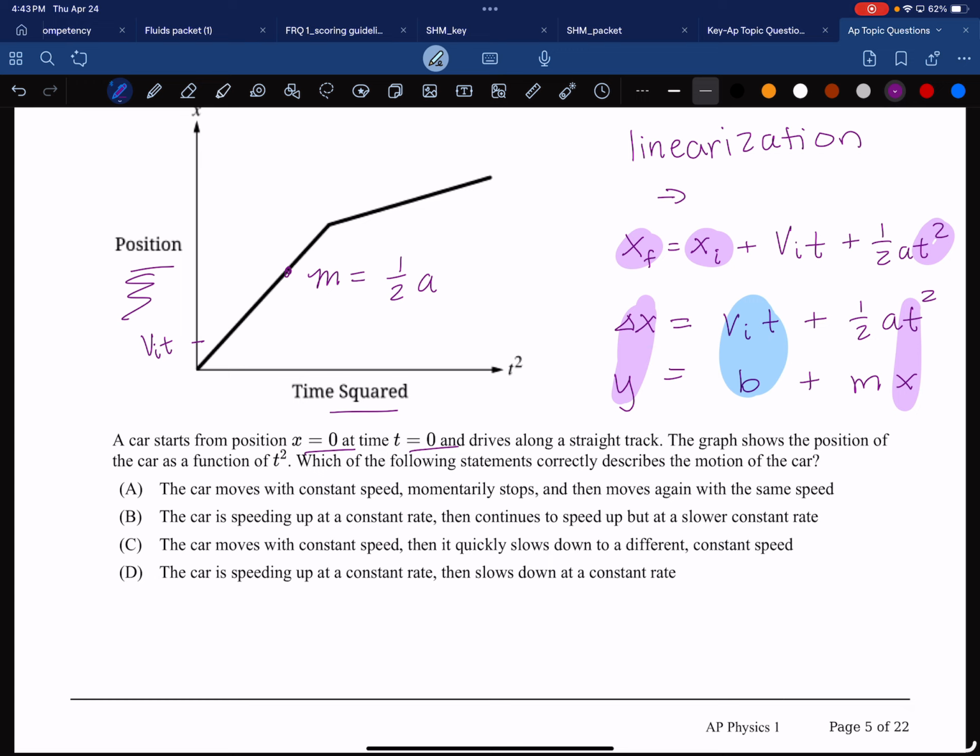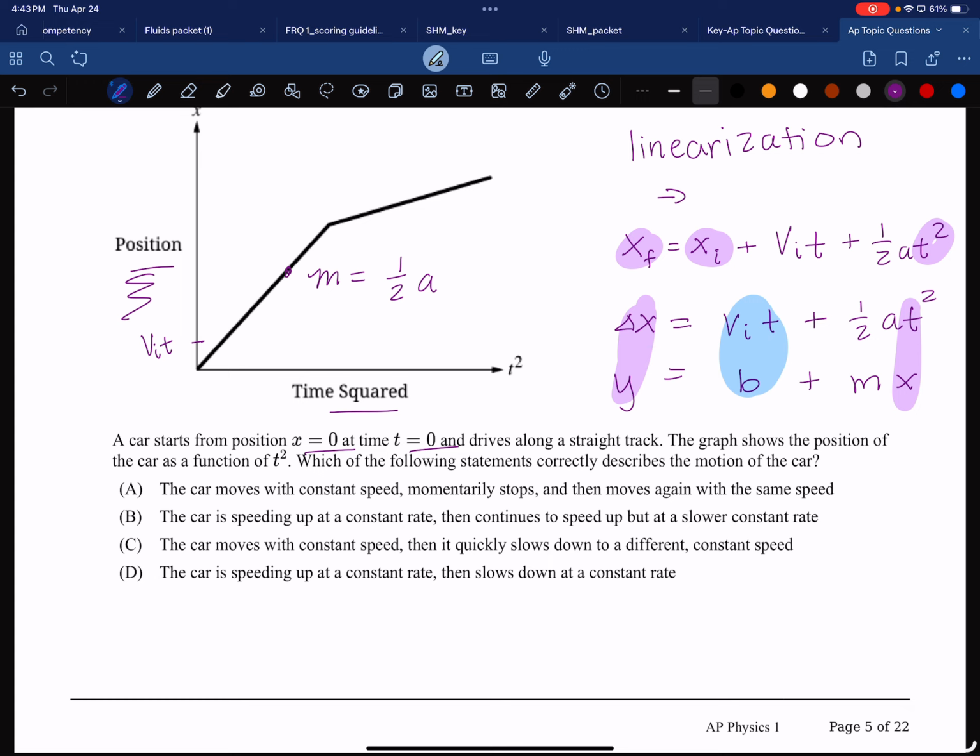And then I know that when I read through the problems, letter A, the car moves with a constant speed, momentarily stops, and then moves again with the same speed. B, the car is speeding up at a constant rate, then continues to speed up, but at a slower rate.